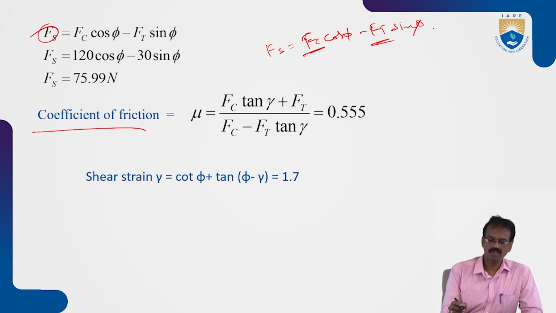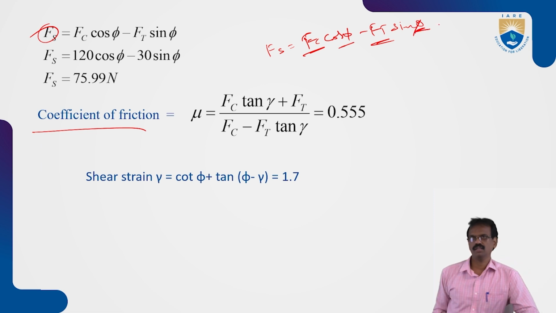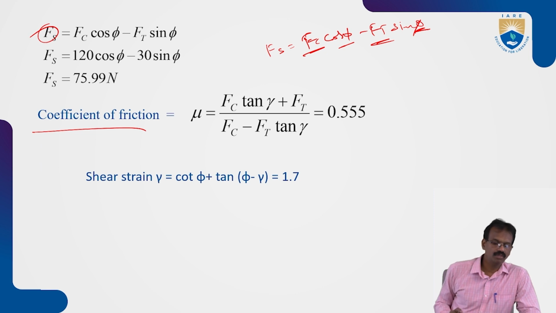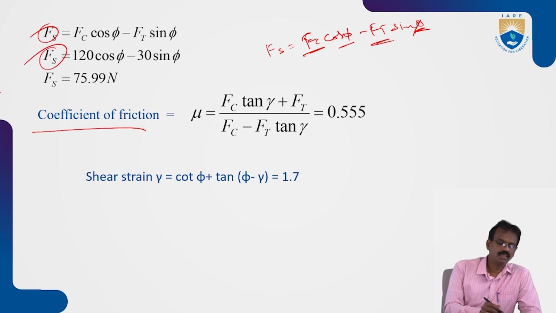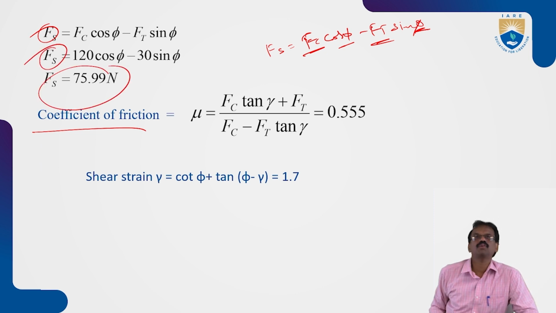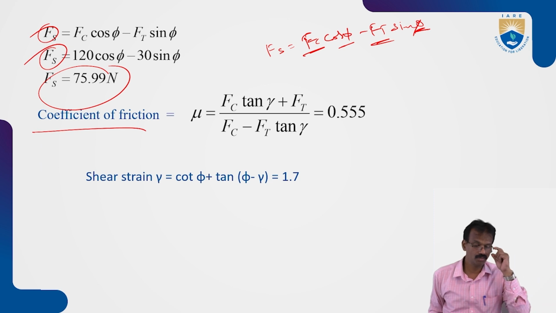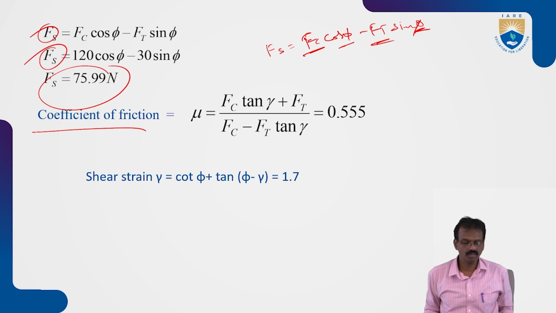Fc you know, Ft also you know, and the cos phi and sin phi angles also you know. If you substitute the values here, then you can find out the Fs value. Okay. So Fs is equal to 75.99. In this way, you can find out the Ft values and Fn values, and every parameter we can find out.